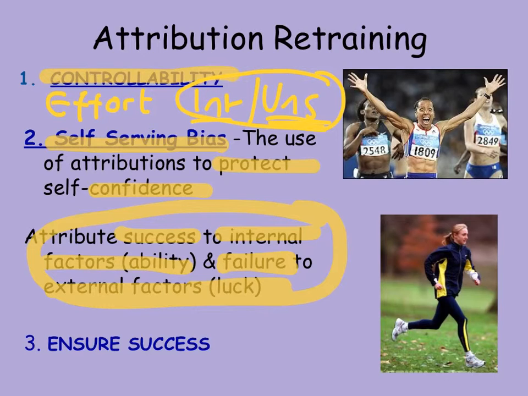But it can be a good way of protecting players in short-term situations. The last method is not actually to do with attributions but to ensure success. So clearly with the learned helplessness person who thinks that they're rubbish, ensuring success allows them to raise their confidence by making the task easier.